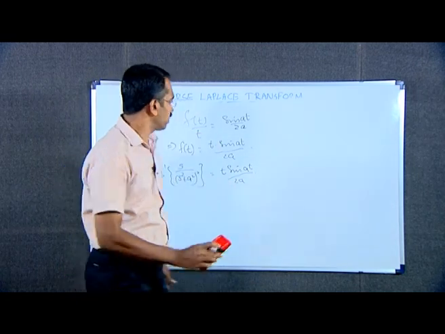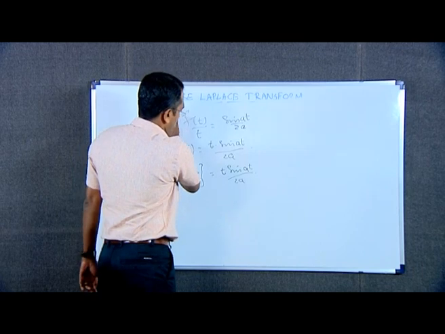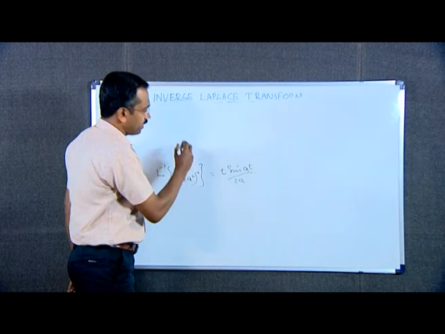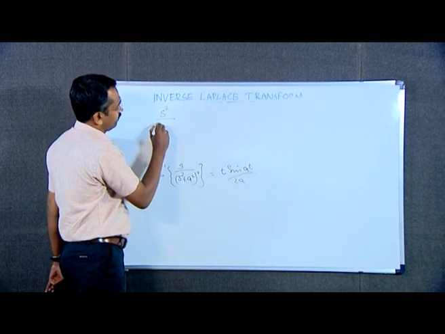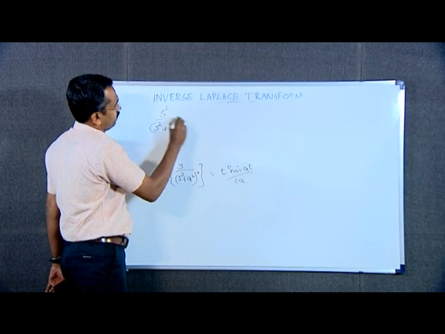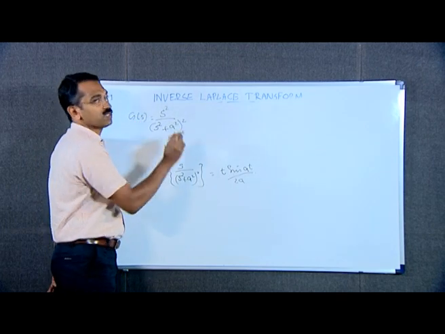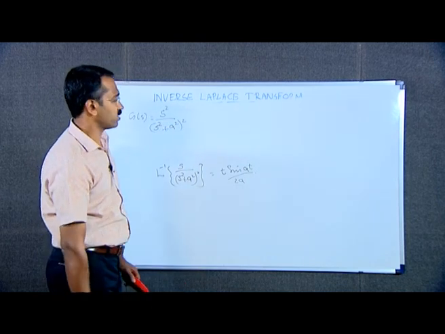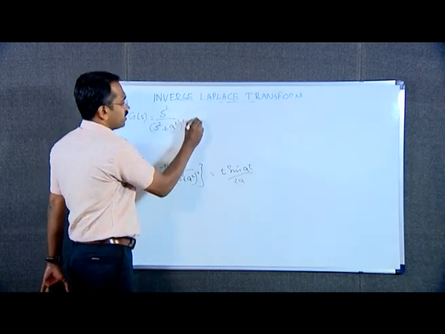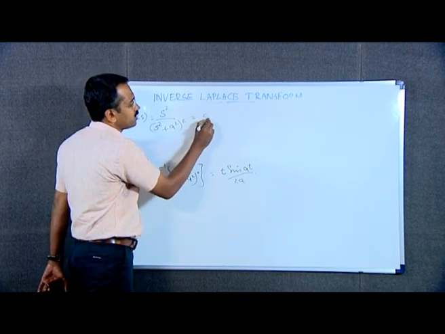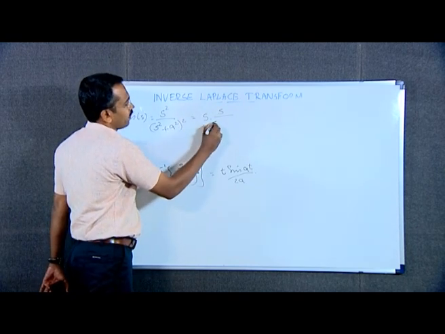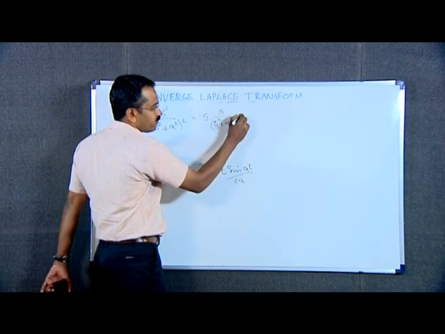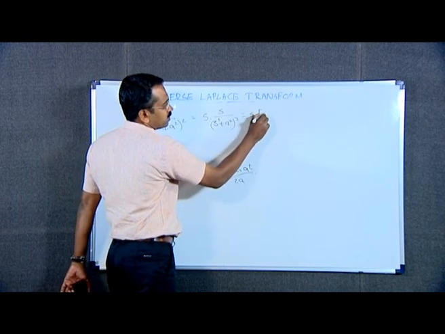Now consider another example. Consider the function s square divided by s square plus a square the whole square. We have to find the inverse Laplace transform of this function. This can be written as s into s divided by s square plus a square the whole square, which is of the form s into a function of s.